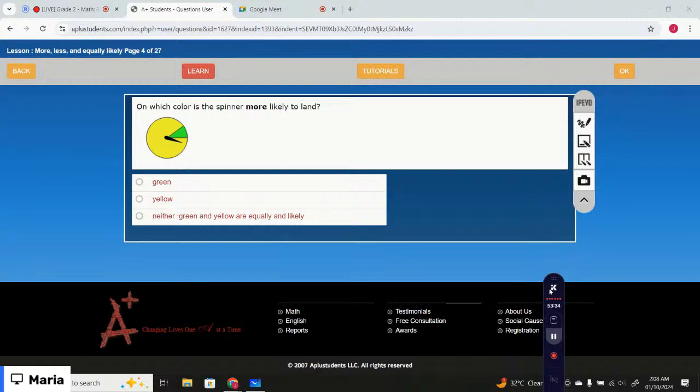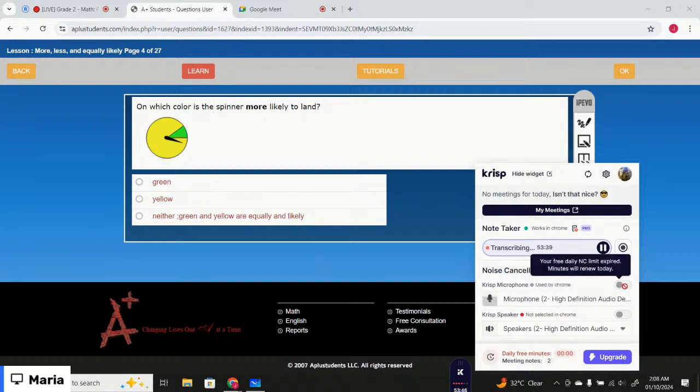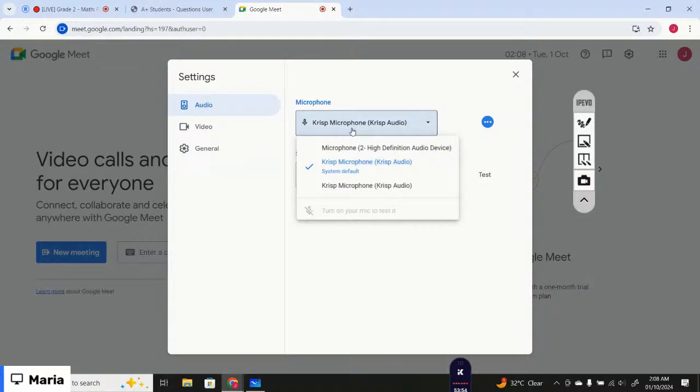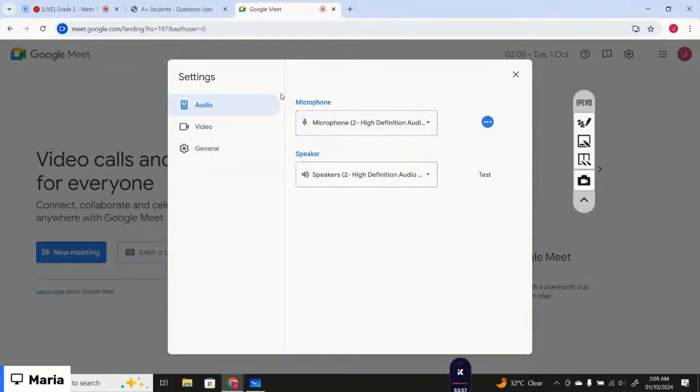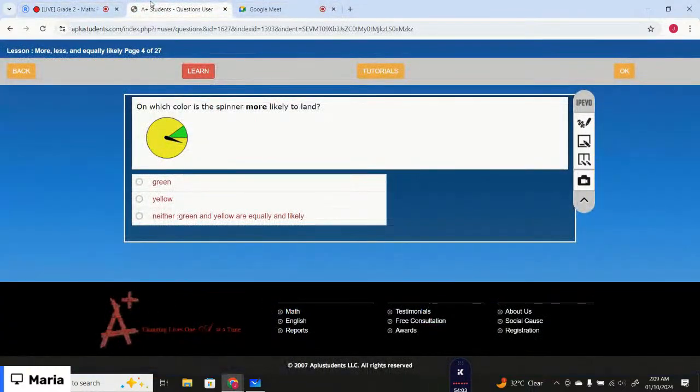It will more likely land on green, option number 1 is the correct option, right? Because the smaller portion, no, more likely to land on yellow, sorry. The greater portion is yellow.